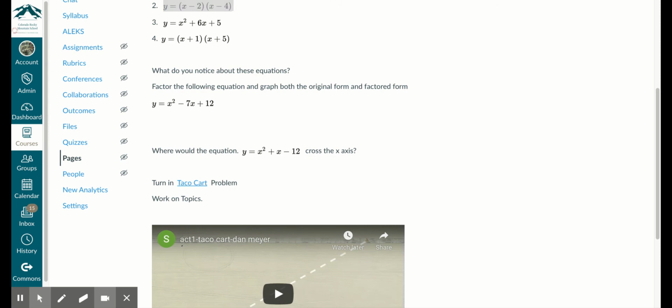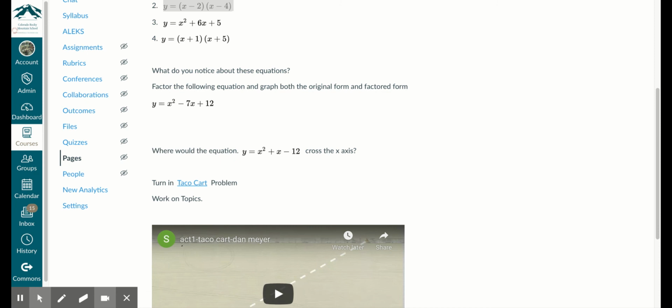So we can turn these off and zoom out a little bit.